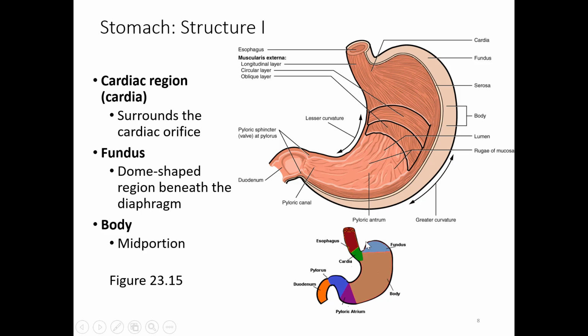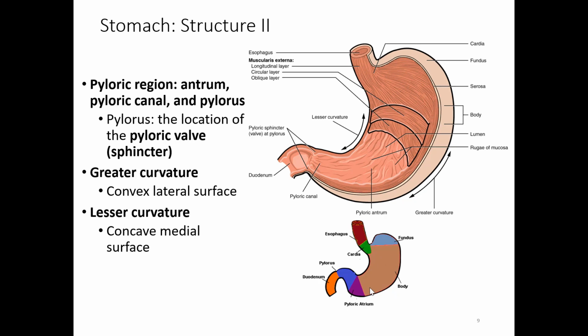Then we have the fundus, that would be this one, the dome-shaped region. Most of the stomach would be the body of the stomach, the mid portion where most of the digestion happens. Next one, right here we have the pyloric region.